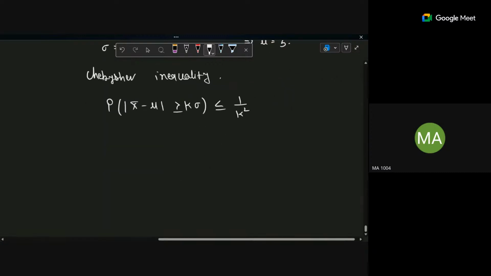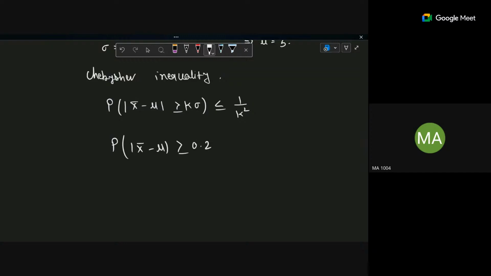So we were finding which of the following is correct, right? What is the question here? So it is 0.25 and 0.5. Okay. The probability that modulus x bar minus mu is greater or equal to 0.25 is what? So they are mainly discussing 0.25 and 0.5, right?